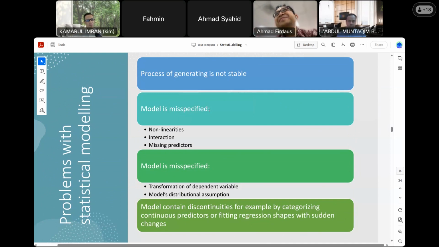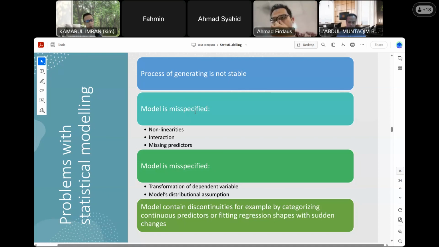Model is misspecified. Okay, we talk about this quite a number of times. Model is misspecified, for example, non-linearities. We did not spend much time lah on linearity assumptions because we don't have enough time for that. But yes, non-linearities are important.